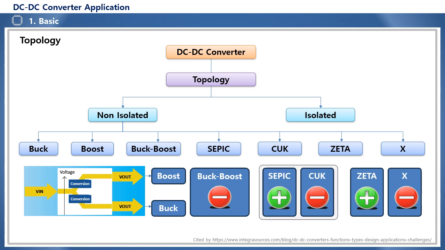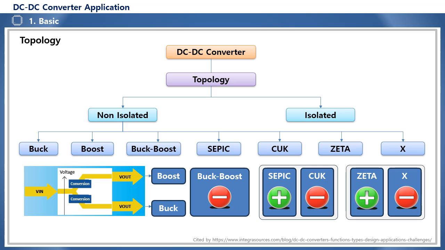SEPIC and Cuk are paired to produce a positive and negative voltage output of the same size with a positive DC input. And the absolute value of the output voltage can be less than or greater than the input voltage. That is, with a 5-volt input, it is possible to produce an output of plus or minus 3.3 volts or plus or minus 12 volts.